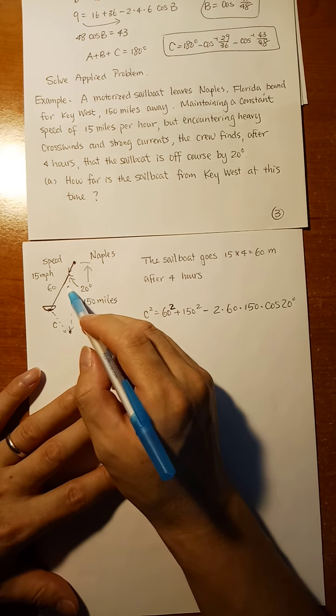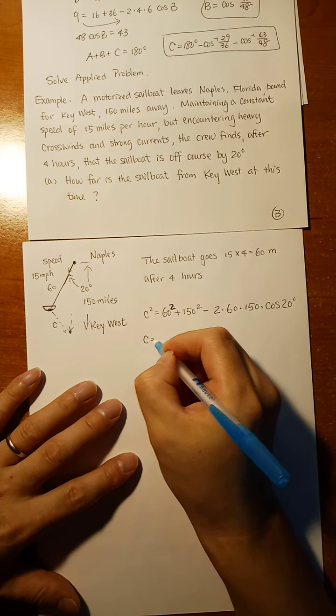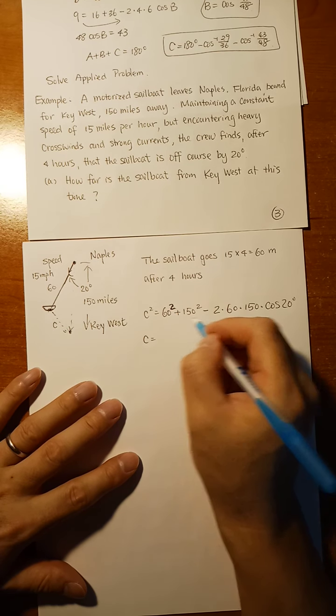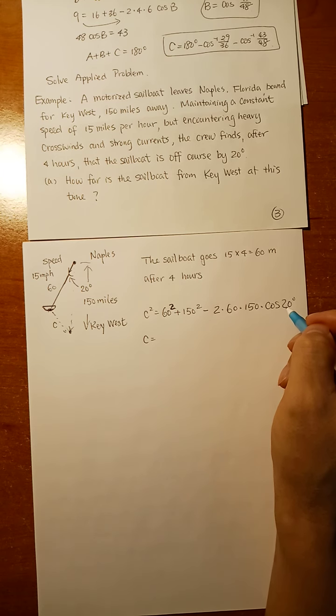You compute this, you will get C. Or you don't compute because you have cosine 20 during the exam.